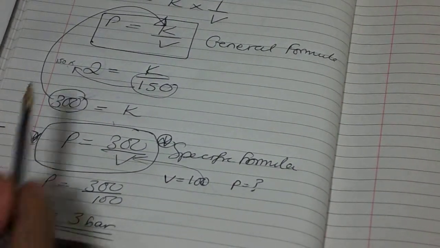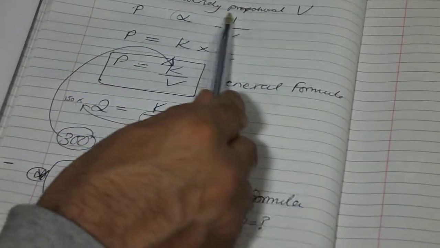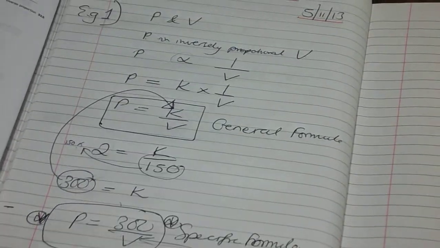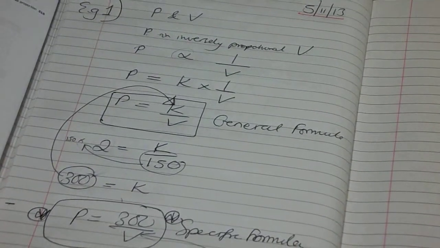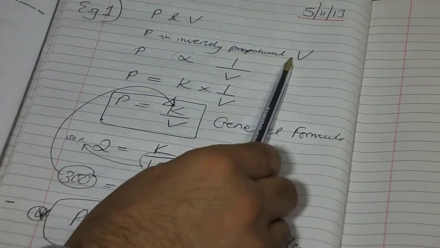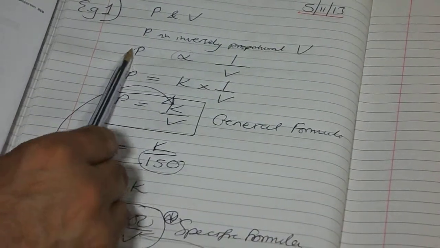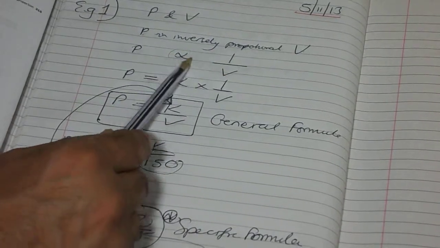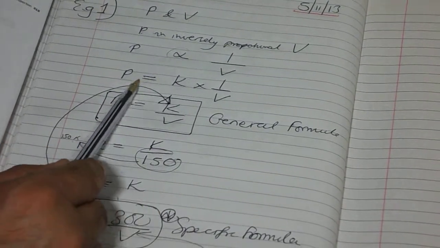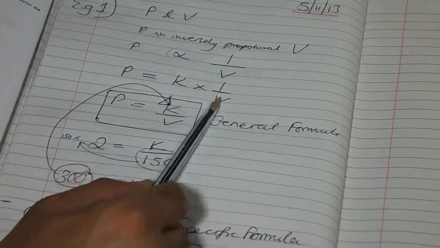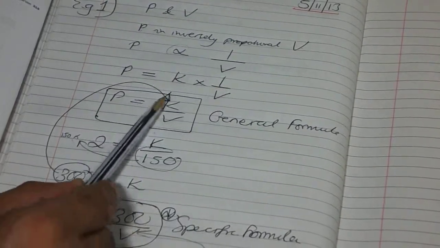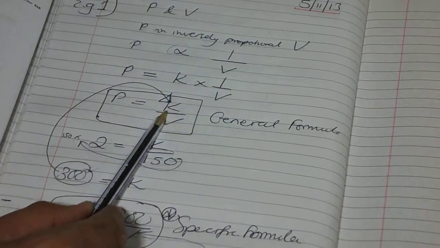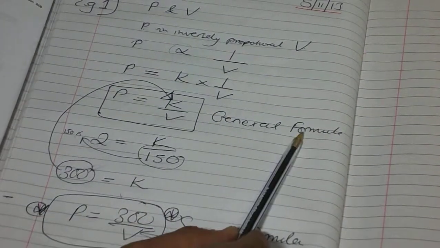So in this particular example, we said the pressure is inversely proportional to the volume. So we said pressure is proportional, and inversely means 1 over. We replace the proportional sign by equals K times 1 over V, and that simplifies down to K over V, because K times 1 is just K. So this gives us our general formula.